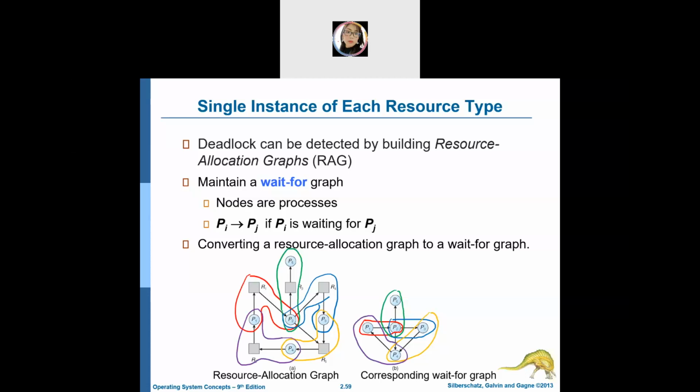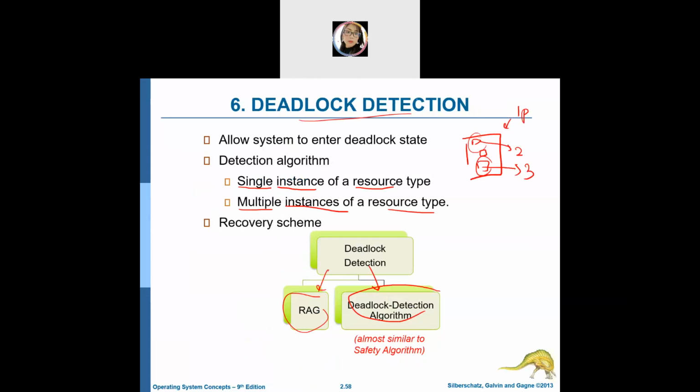So you need to know how to represent this RAG as a wait-for graph. It's easier, I guess, once you know how to draw. So converting a RAG to a wait-for graph is the basic thing for you to look into deadlock detection.